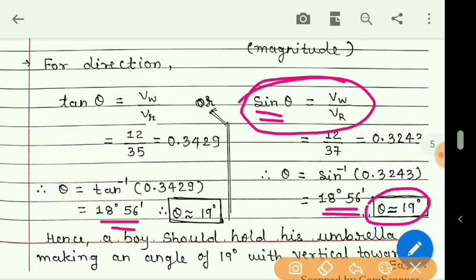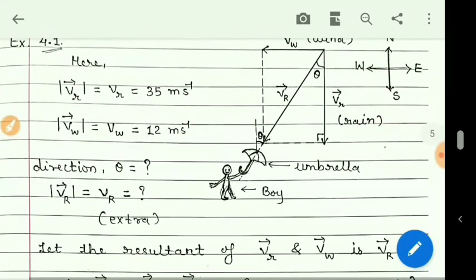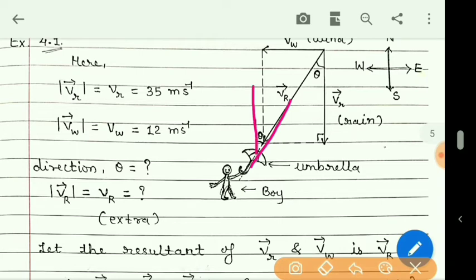So students, the angle which makes this umbrella with the vertical is theta, that is 19 degree, which shows the direction.